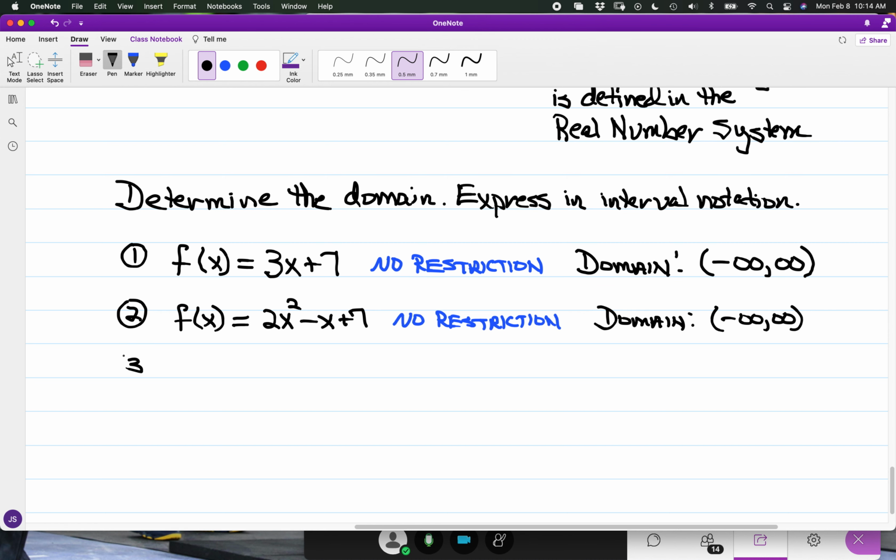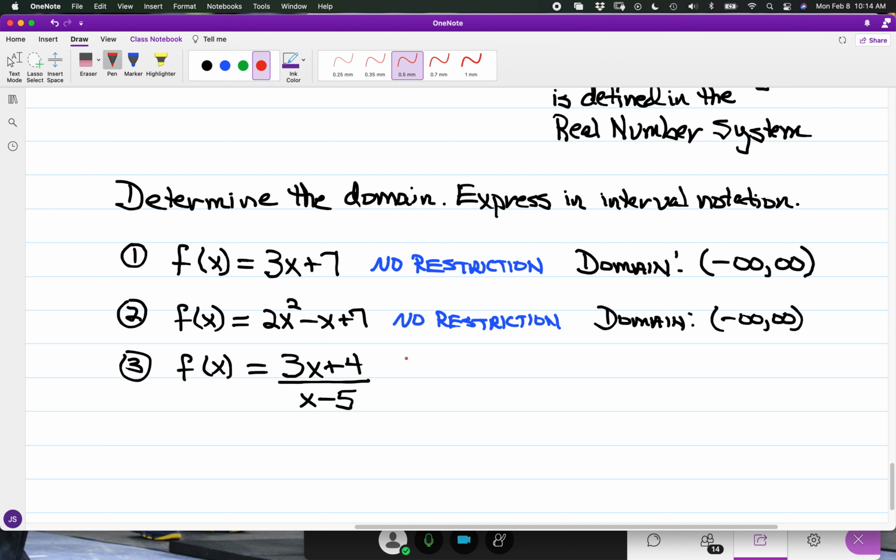Just changing things up a bit, let's say f of x is equal to 3x plus 4 all over x minus 5. Now in this one we do have a fraction. For a fraction to be defined, the bottom part of the fraction cannot be 0 in value.